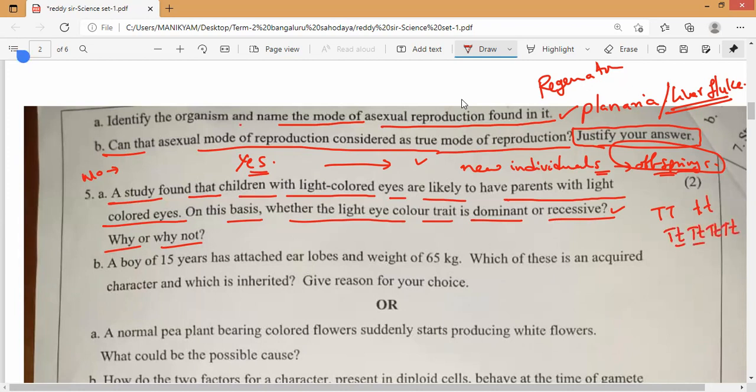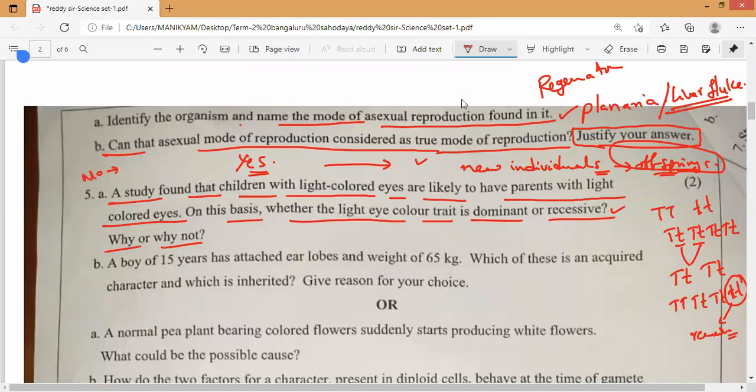Now suppose for the F1 generation we take capital T small t and capital T small t. Now what will come? Capital T capital T, capital T small t, next capital T small t, and small t small t. Now small t we call a complete recessive trait. As we know, a recessive trait forms only in the absence of the other trait.